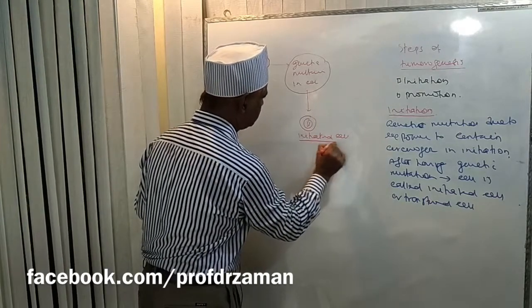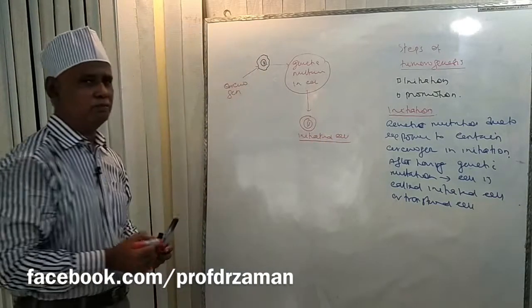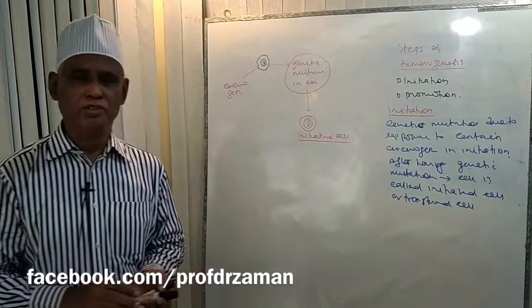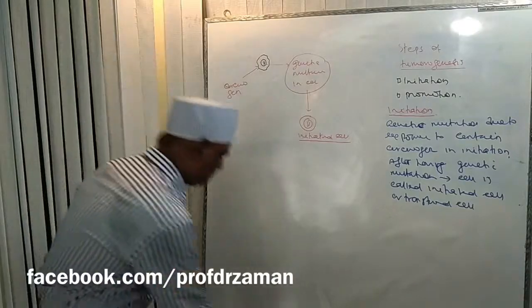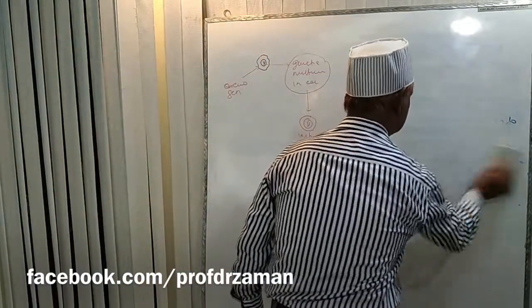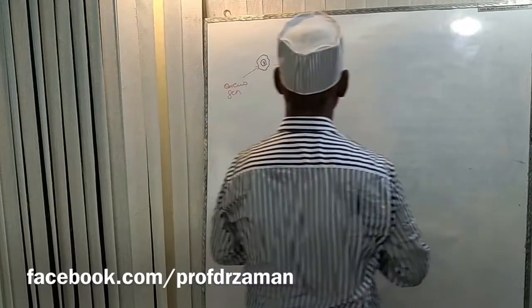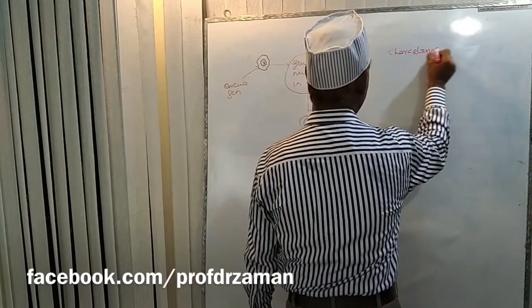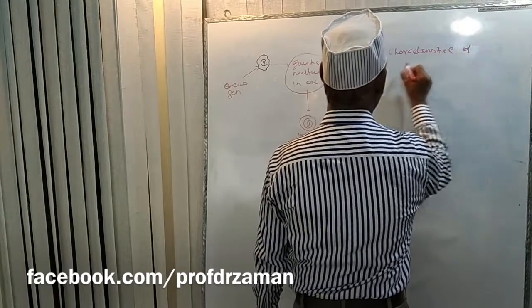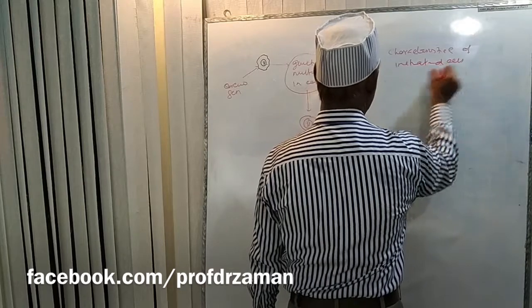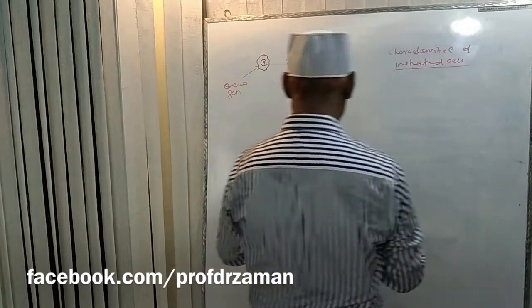This is initiated cell or transformed cell. Now come to what are the characteristics of initiated cell.